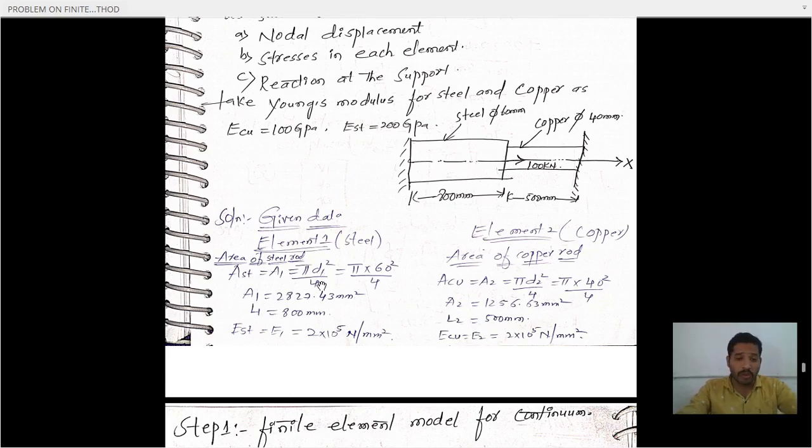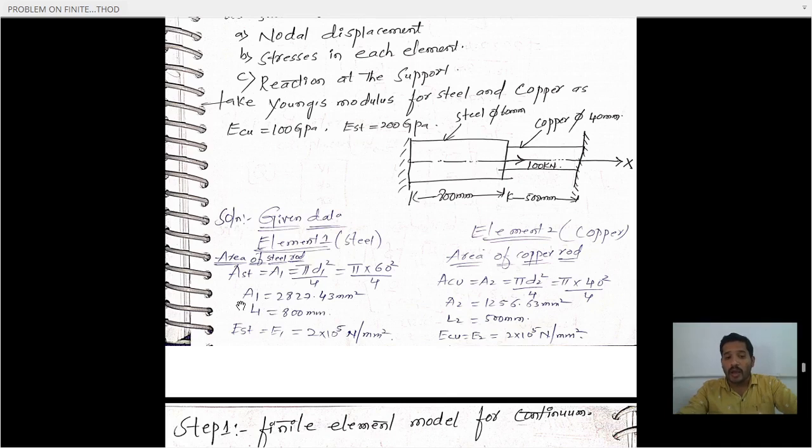The meaning remains the same. What is the formula of area? Pi by 4 into d square. Pi by 4 into the diameter of the steel, which is given as 60 mm, whole square. If you calculate with the calculator, you will get 2827.43 mm square.